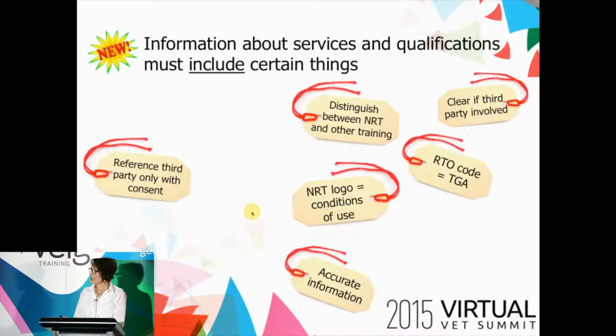To clearly distinguish between nationally recognised training and other non-accredited or non-recognised training. To use the full codes and titles, the nomenclature of our sector. And I know some RTOs say to me, oh, people don't understand.